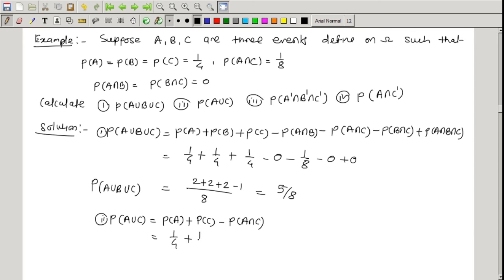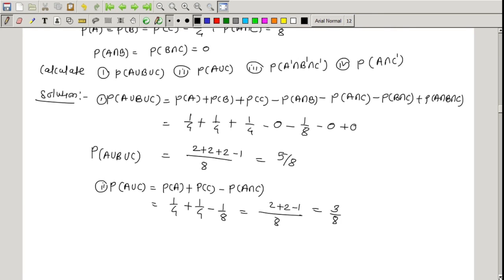What is my P of C? That is also 1 by 4. A intersection C is minus 1 by 8. So which is equal to 2 plus 2 minus 1. So we will get 3 by 8. P of A union C.